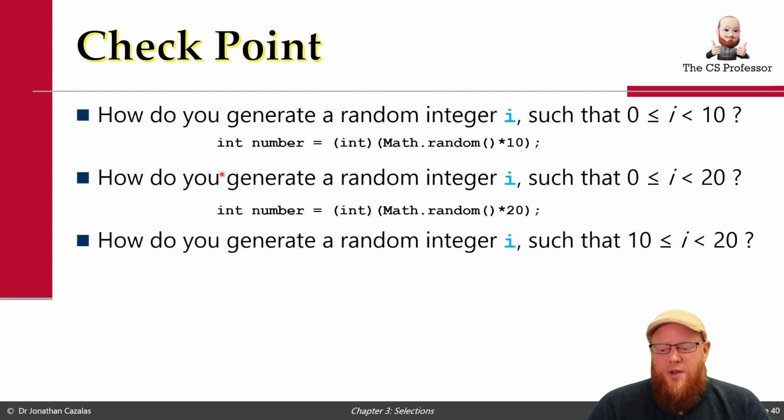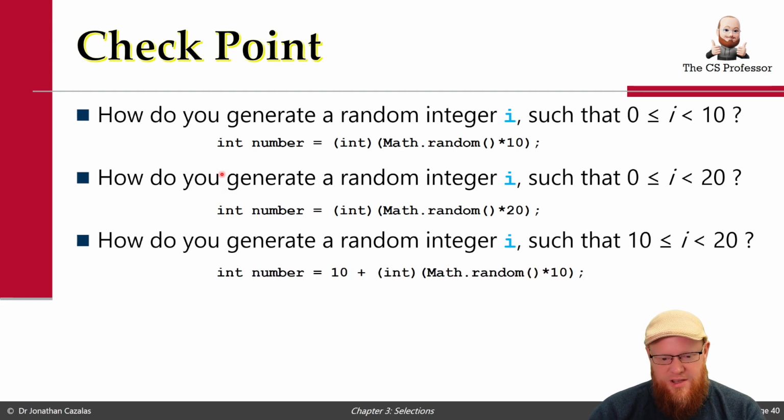So how many different numbers do we want? We want 10, 11, 12, 13, 14, 15, 16, 17, 18, 19. We want 10 possible numbers between 10 and 19, including 19. We want to generate one of those 10 possible numbers. So what you do is this. You do that same logic.